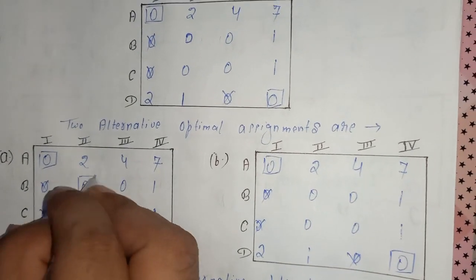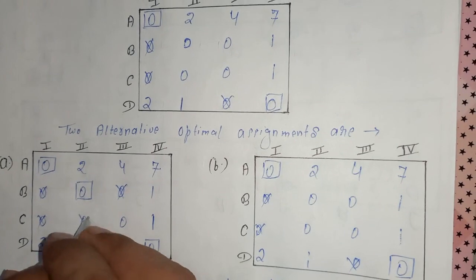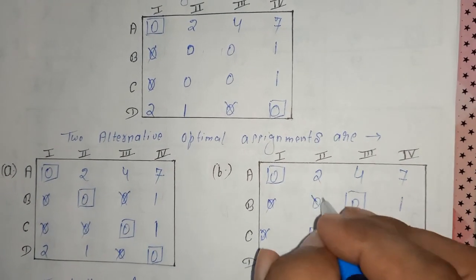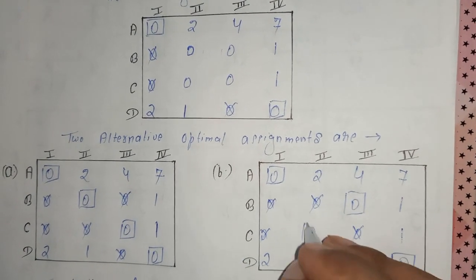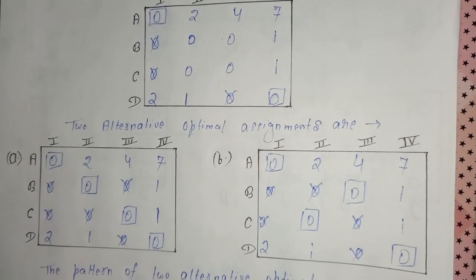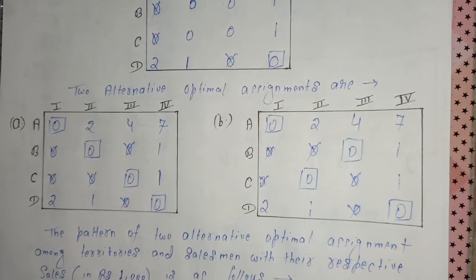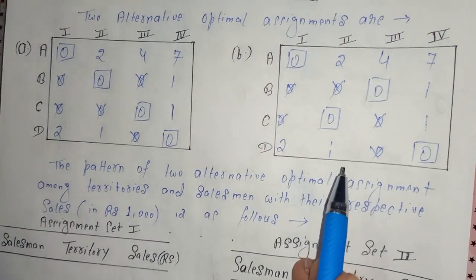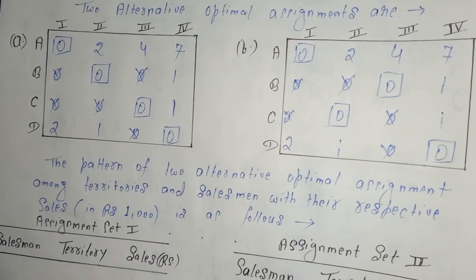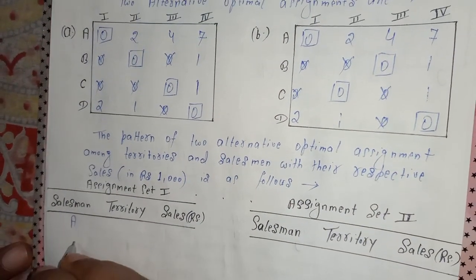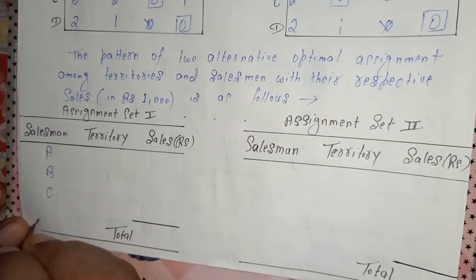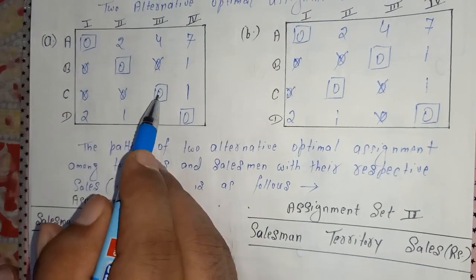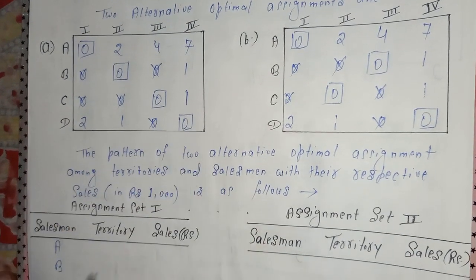Now make assignment of this. This is cross off, this is cross off, and this one is assigned. Make assignment of this. This one is cross off, this one is cross off, this is assigned. So we have the two alternative optimum assignments. On this basis, we can have two assignment sets as follows: salesman A, B, C, D. A will be assigned to first, B to second, C to third, and D to fourth.